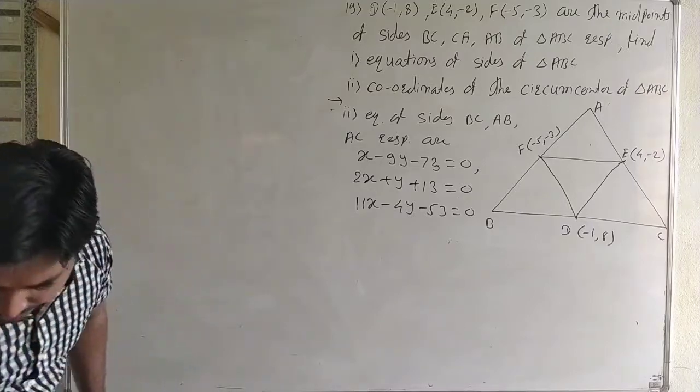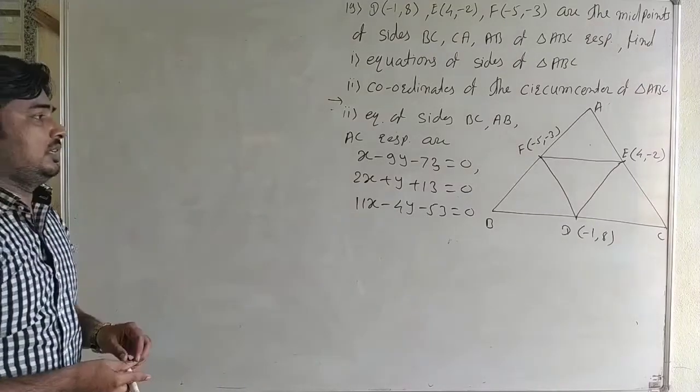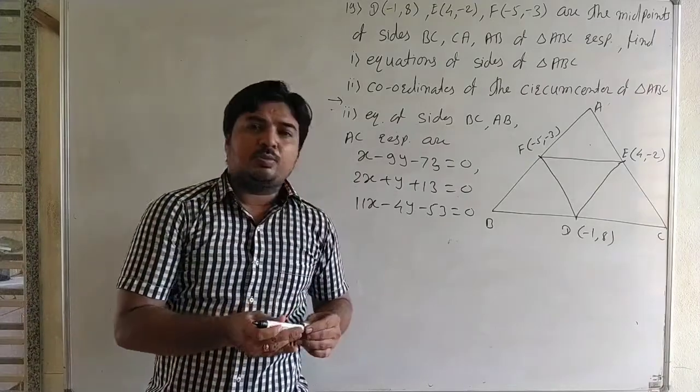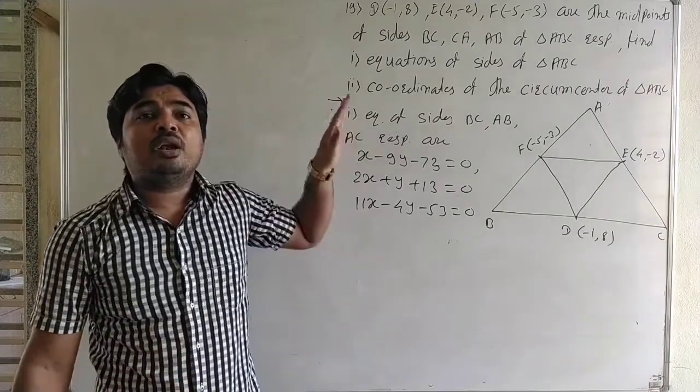The circumcenter is the point of intersection of perpendicular bisectors.